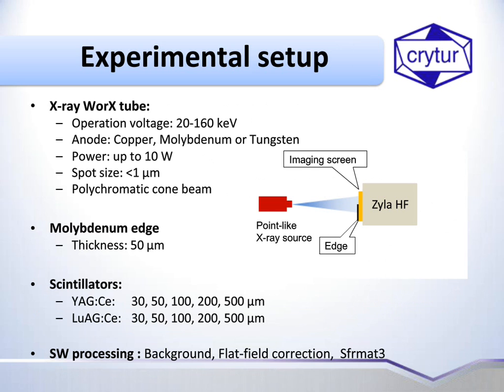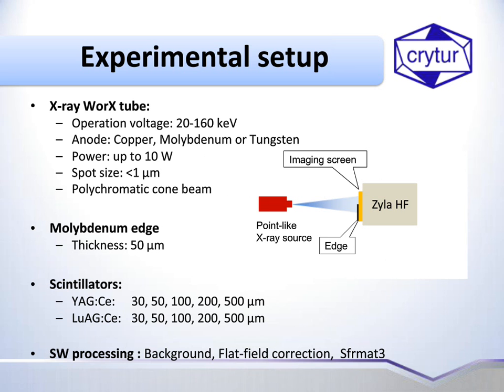So let's talk about the experimental setup we actually used. We used the slanted edge technique, as I said, with an X-ray tube which has an operational voltage between 20 to 160 kV. There are optional anodes; they can be copper, molybdenum, or tungsten, and the power on the target can be about 10 watts.